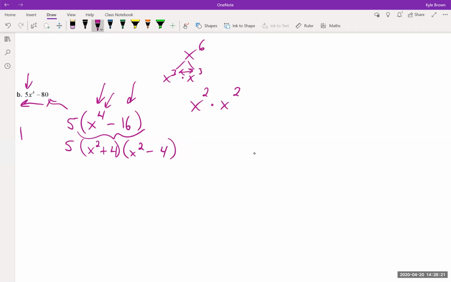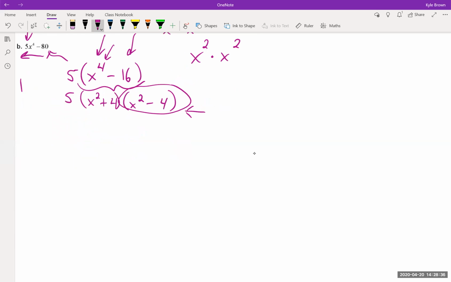And then, ooh, this is a really tricky one because we can actually make this a little bit simpler, because we ended up making a hidden little difference of squares in here. So we could keep going. This would be 5 times x squared plus 4, which is nothing, by the way, because we're adding, not subtracting.